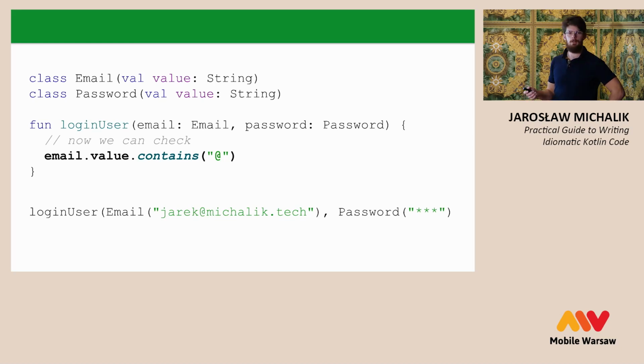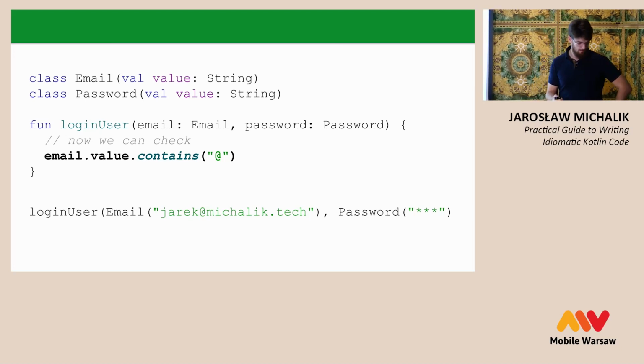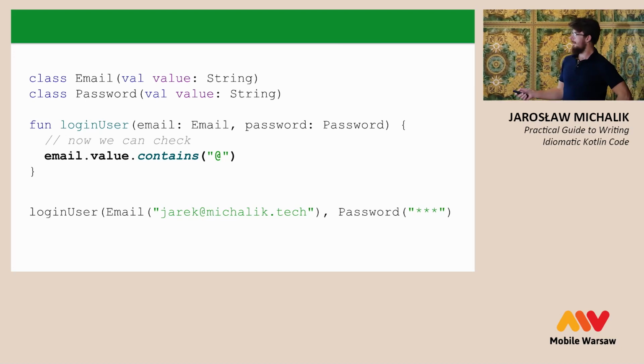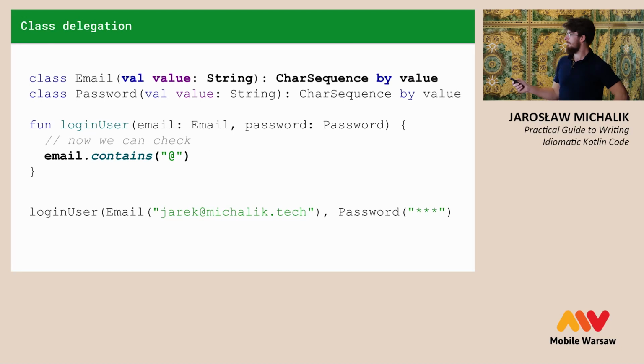Extension on string. Extension on string, okay, that may be the solution. But string is implementing some interface. Which interface? CharSequence. So another Kotlin trick is class delegation.